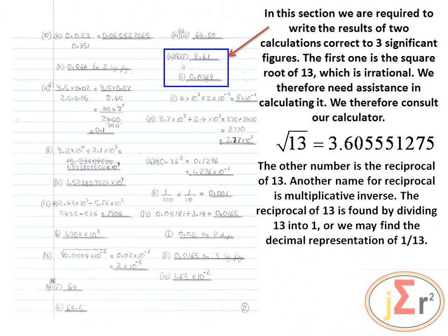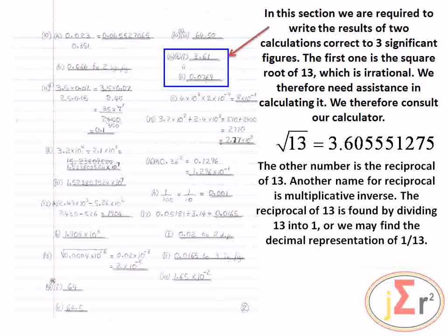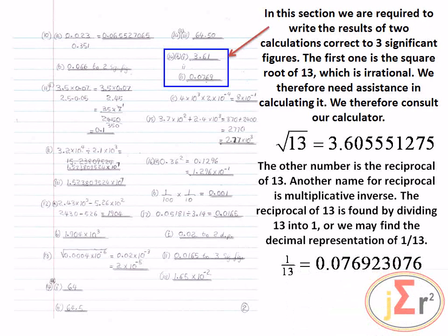Another name for reciprocal is multiplicative inverse. The reciprocal of 13 is found by dividing 13 into 1, or we may find the decimal representation of 1 over 13. 1 divided by 13, and the result is the reciprocal of 13. And that turns out to be 0.076923076.